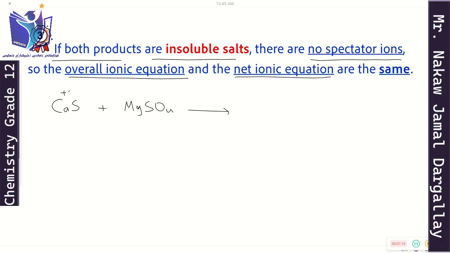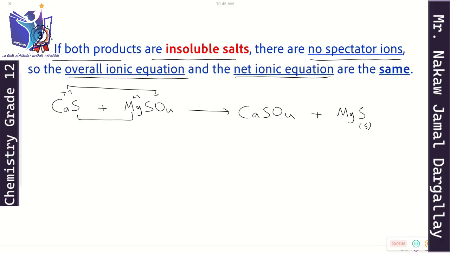Calcium combined with sulfate produce CaSO4, and magnesium positive with sulfide produce MgS, magnesium sulfide. Sulfides are insoluble except calcium, strontium, sodium, potassium, and ammonium.